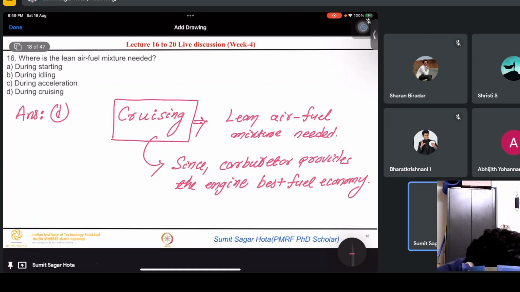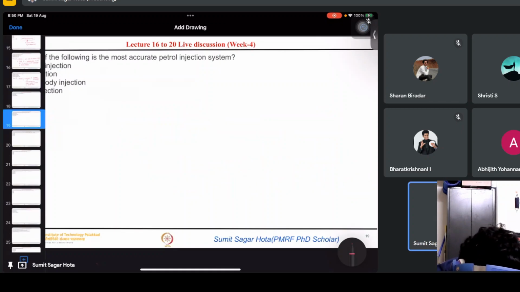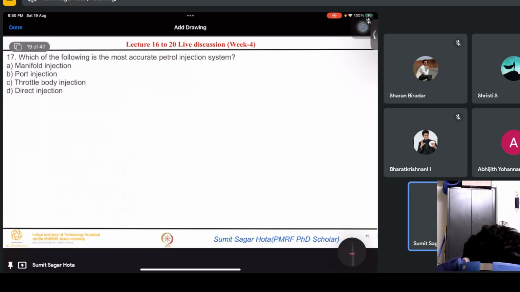So in cruising time, your economy will be good. If you are riding your bike at 40 and cruising on a national highway, you get a very good economy as compared to street roads. So this is what it's showing.